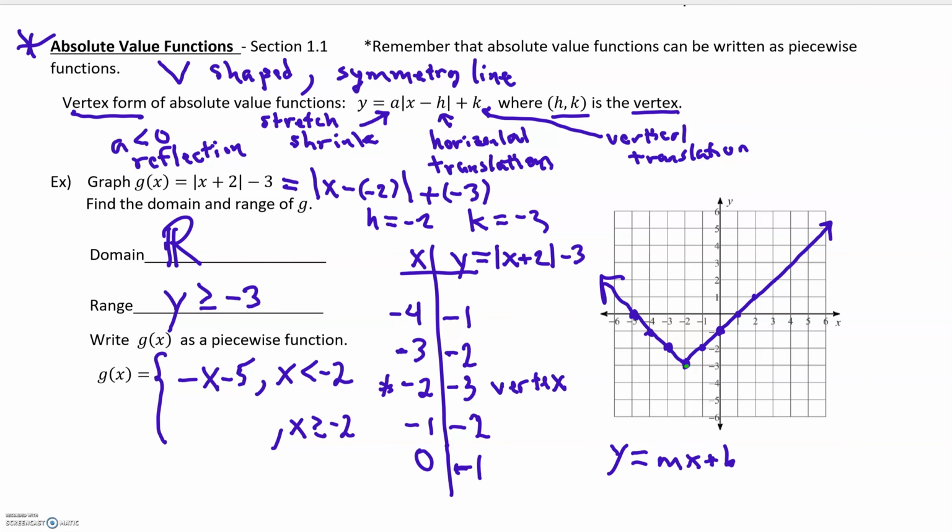And as we follow that line with a slope of 1, over here on this piece, the right side, slope is positive 1, and the y-intercept is -1. So we're looking at y equals x minus 1 if x is greater than or equal to -2.